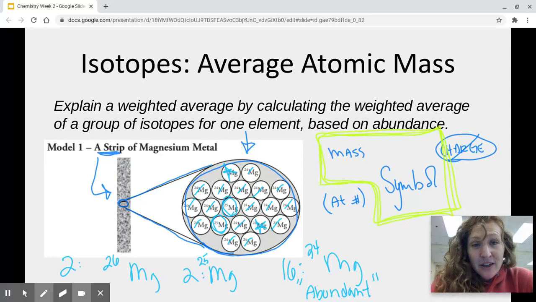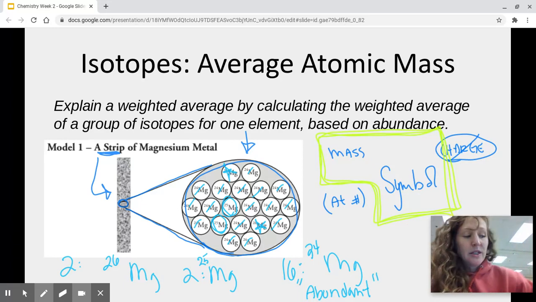Now, let's just pause here for a second and think. How many protons does magnesium 24, magnesium 25, and magnesium 26 have? How many protons are in each of these isotopes? This would be a good time to pause the video and write down your answer. And the number of protons for magnesium is always the same.